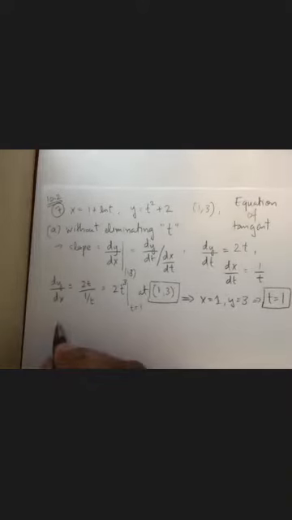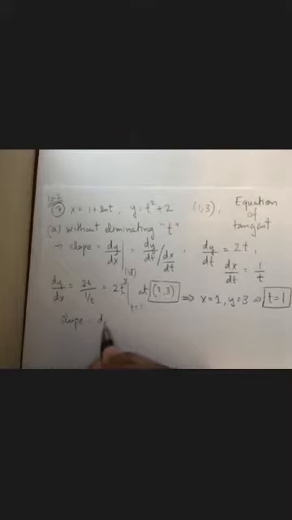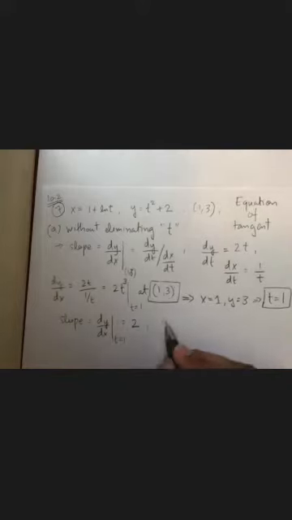So the slope is, and the equation becomes y minus the given point equals slope times x minus the given point.